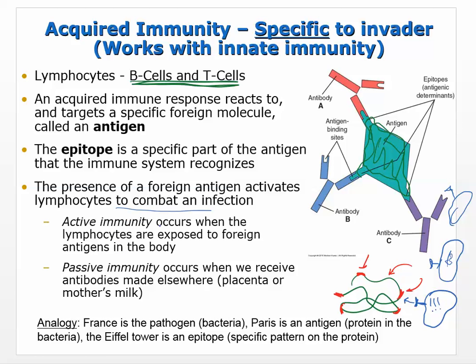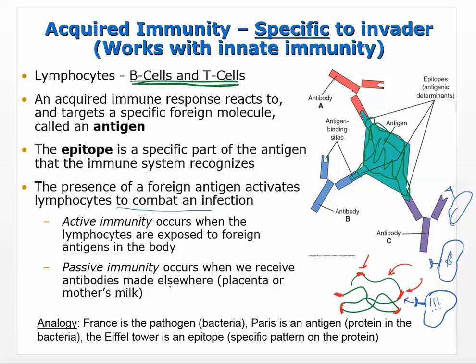Active immunity occurs when the lymphocytes are exposed to foreign antigens in the body. Sometimes we have passive immunity, like when we receive antibodies made elsewhere, for a particular treatment or something like that. A lot of times you can inject antibodies directly into somebody's body, or directly into somebody's blood, to kill something that they aren't able to kill.